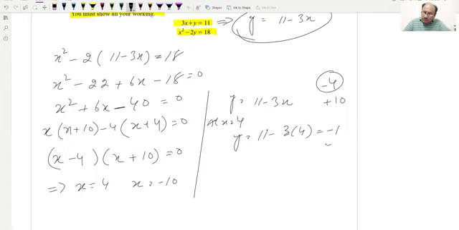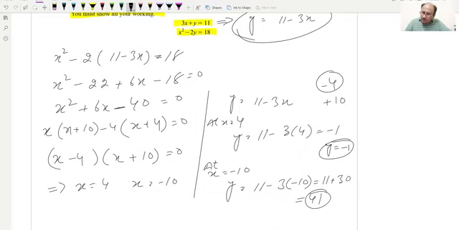So y is equal to minus 1 will be one value, and the second value at x is equal to minus 10, y will be equal to 11 minus 3 into minus 10. So this will be 11 plus 30, so this will be 41.